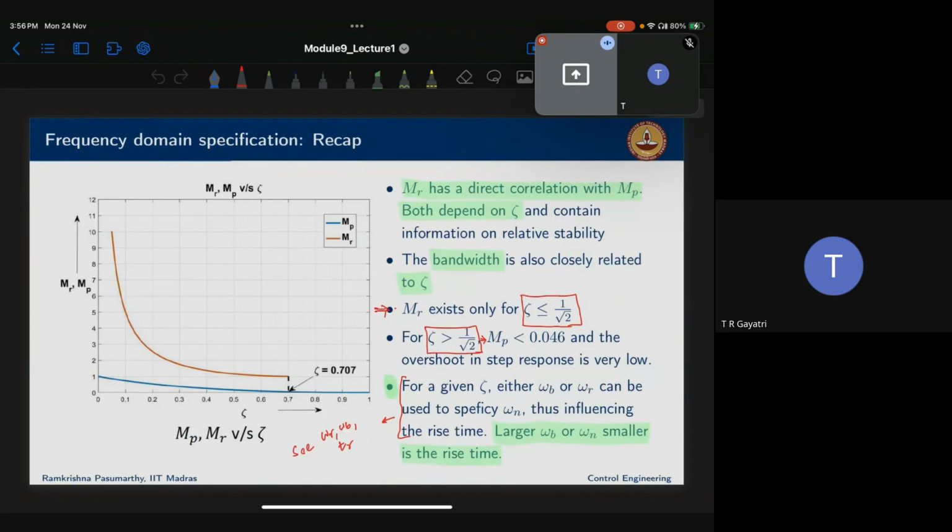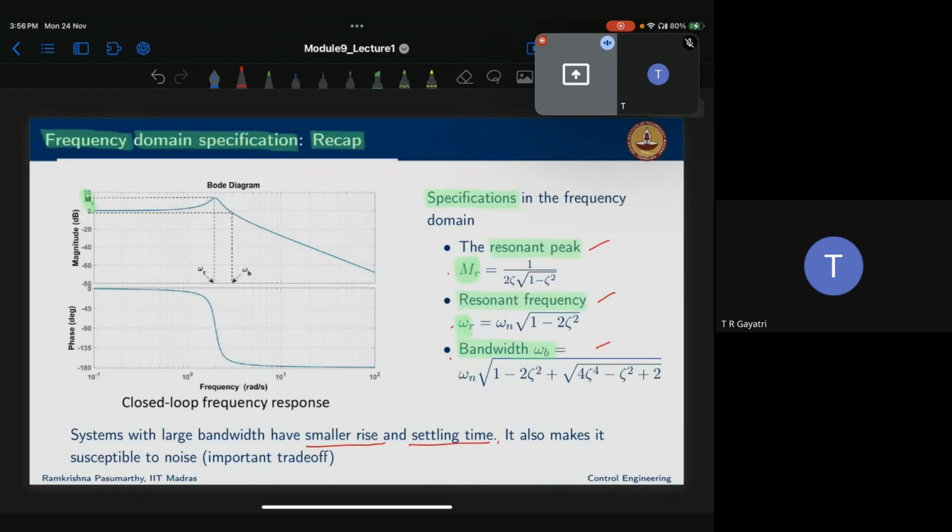This resonant peak is somewhat similar to the maximum peak overshoot. The bump you have here in the magnitude plot is what we call the resonant peak.